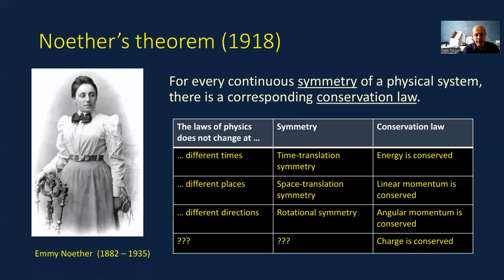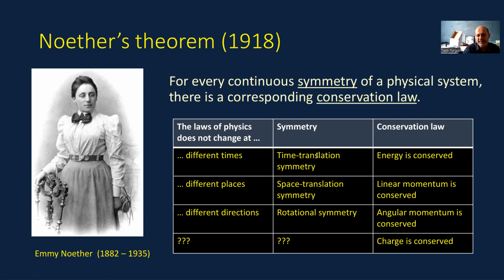Noether showed that if your physical system has some kind of continuous symmetry, then that system has a conservation law. And somehow we can explain all the conservation laws that we have seen in terms of these symmetries. Symmetry essentially means that if you change something in your system, the physics doesn't change.